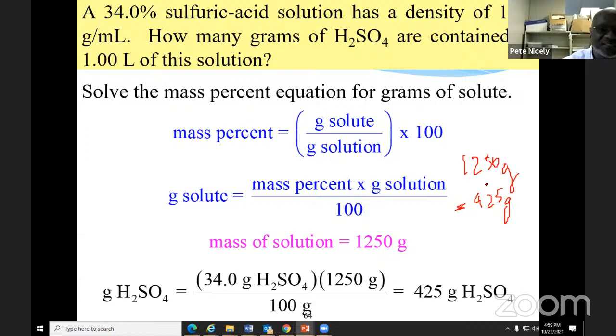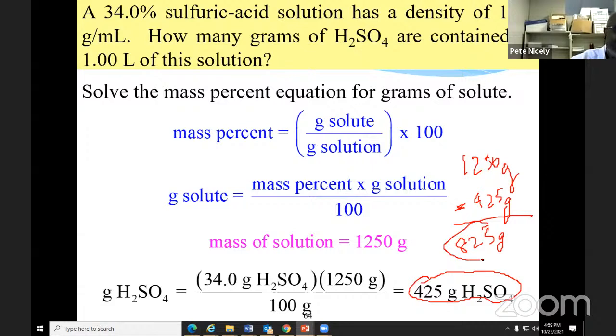So let me use my calculator: 1,250 minus 425, and according to my calculation, this would be equal to 825 grams. So therefore, to make up this solution, you have to weigh 425 grams of the sulfuric acid and then add 825 grams of the water to it to make your final solution.